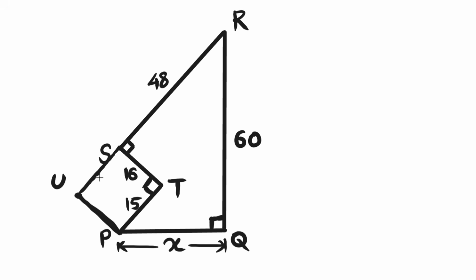By constructing U this way, we've actually created a rectangle, specifically rectangle UPTS, going around from U to P to T to S. And why does this matter so much? Because a rectangle has some beautiful guaranteed properties.